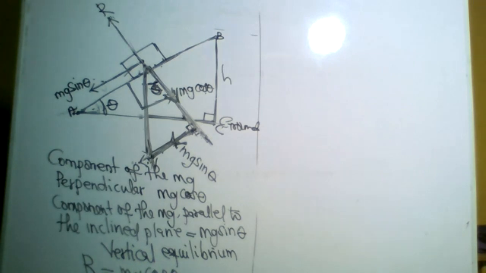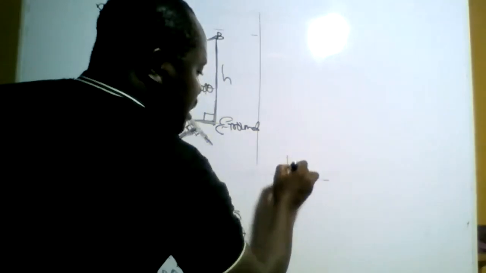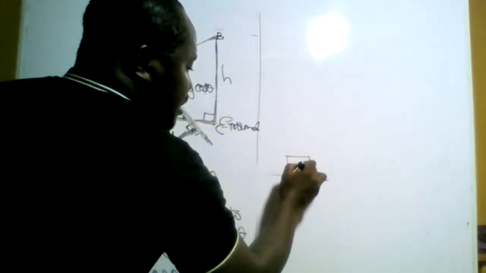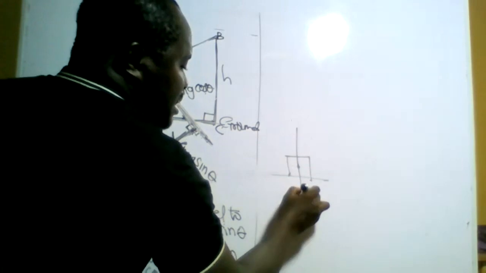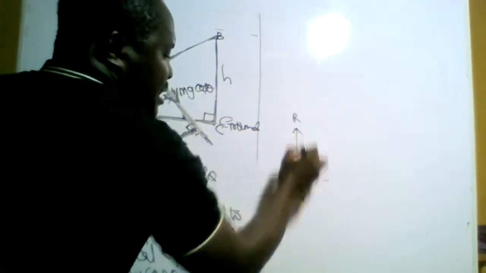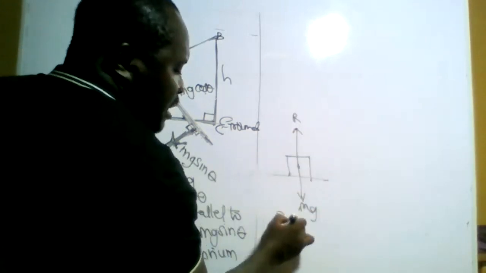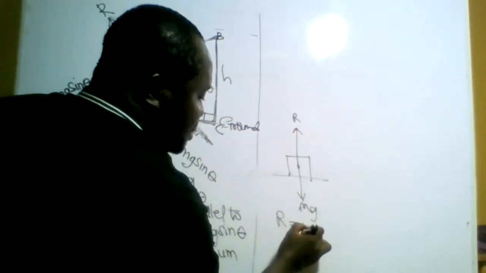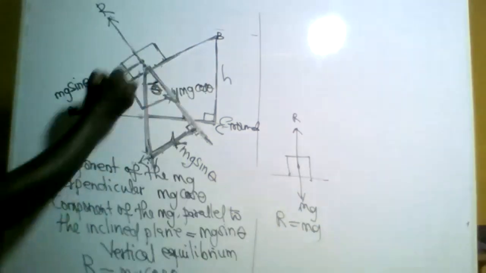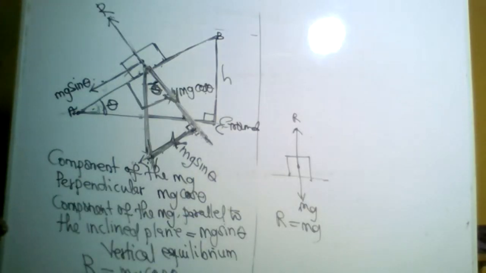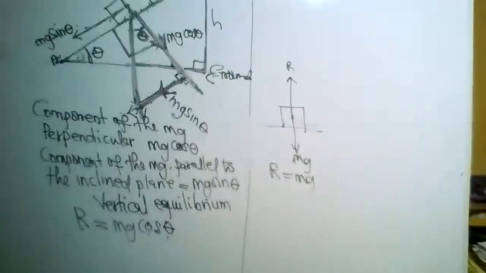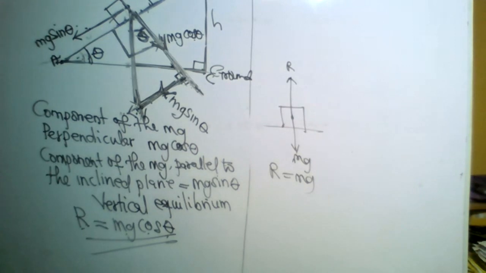So on an inclined plane, the reactional force R is given by mg cos theta. When the body lies flat on the ground, the reactional force R is simply equal to mg. But when the body is on an inclined plane, the reactional force is equal to mg cos theta. So take note of this. Please, is that okay?